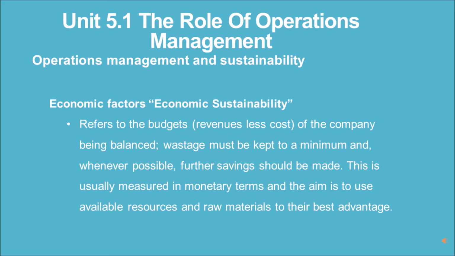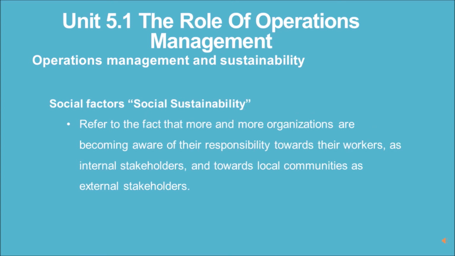This is usually measured in monetary terms, and the aim is to use available resources and raw materials to their best advantage. Social factors. Social sustainability refers to the fact that more and more organizations are becoming aware of their responsibility towards their workers as internal stakeholders, and towards local communities as external stakeholders.